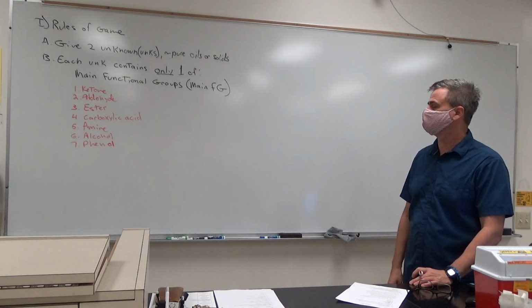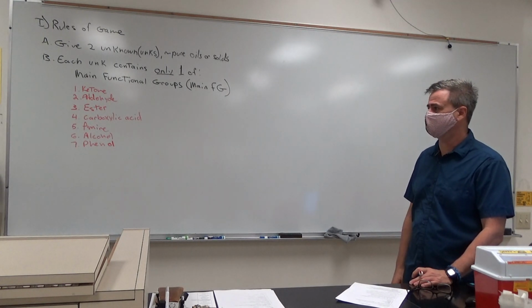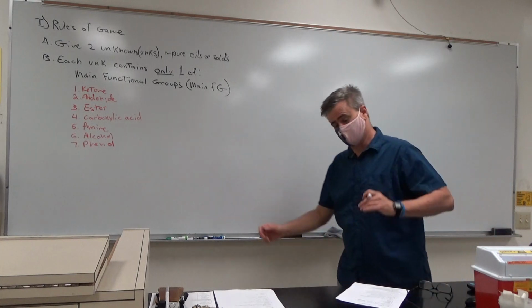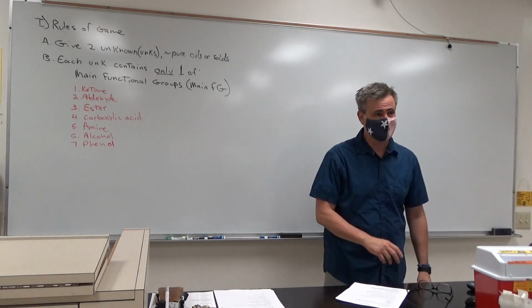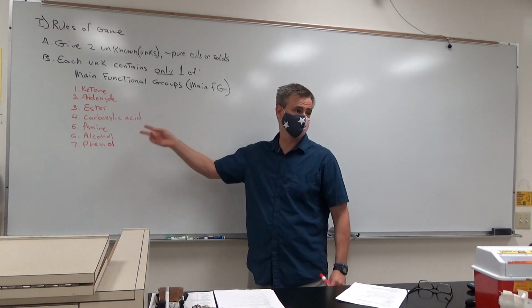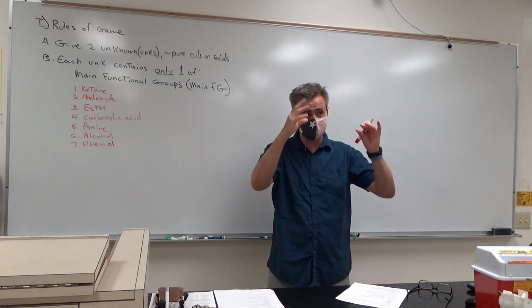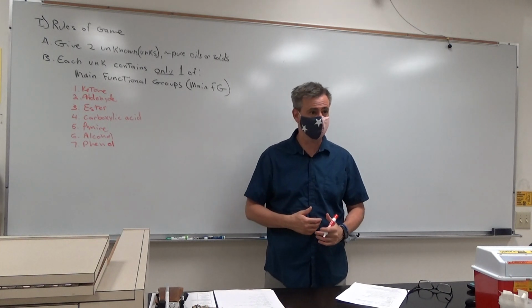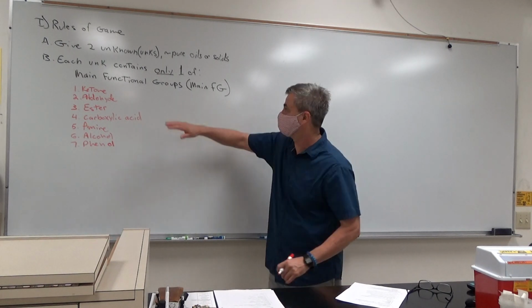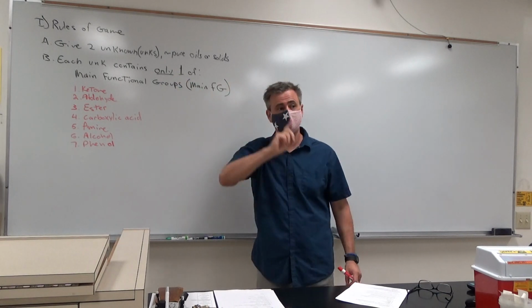So it's certainly not an undoable task. But on that little component of how close I got to my structure, if you put two of these functional groups on your structure, say a ketone and an amine, that's an automatic ding. Remember, you can only have one of these.